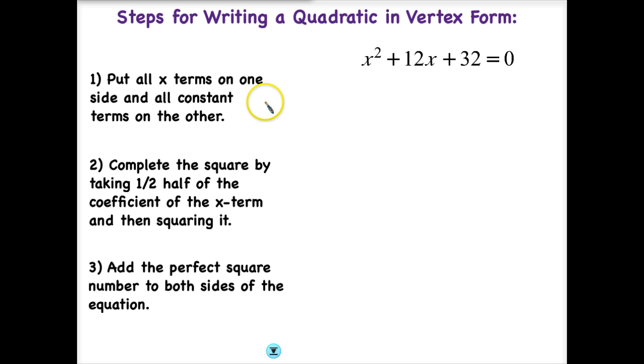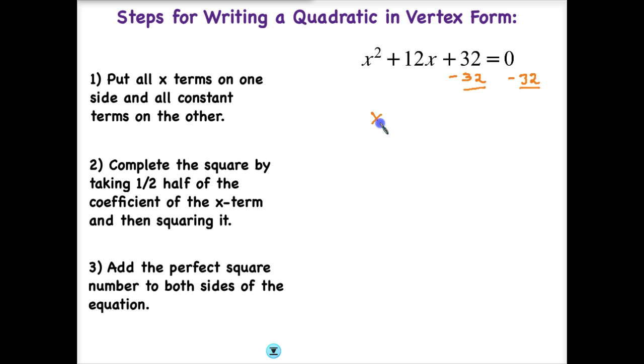The first step says put all x terms on one side and all constant terms on the other. Well, 32 is our constant term, so let's go ahead and subtract the 32. We have subtracted the 32 from this side, which means we need to subtract it from the right side. And then let's write what we have left.